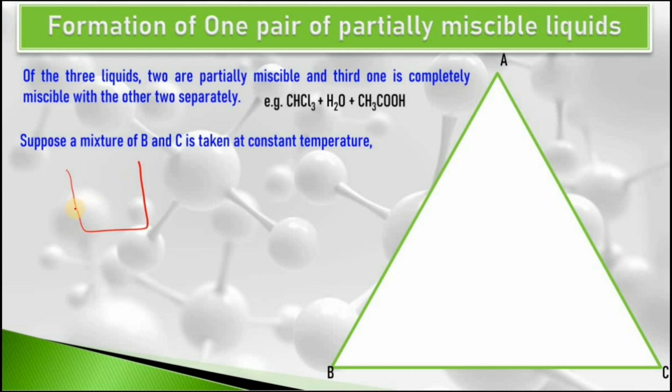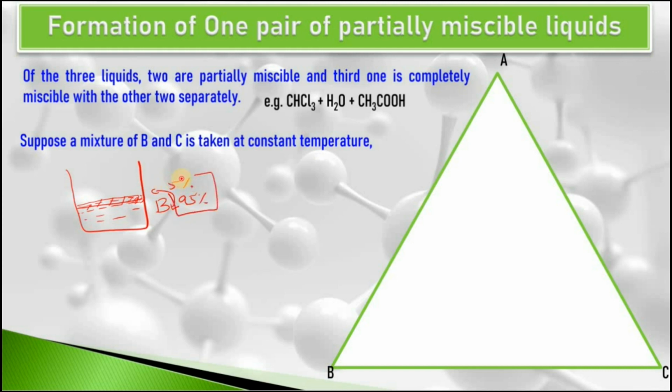Let us say we take a large quantity of B and a very small quantity of C. In such a case, C gets mixed with B because these are partially miscible. Partially miscible means a part of C will be dissolved in B, and similarly a part of B will get mixed with C. Let us say 95% of B and 5% of C.